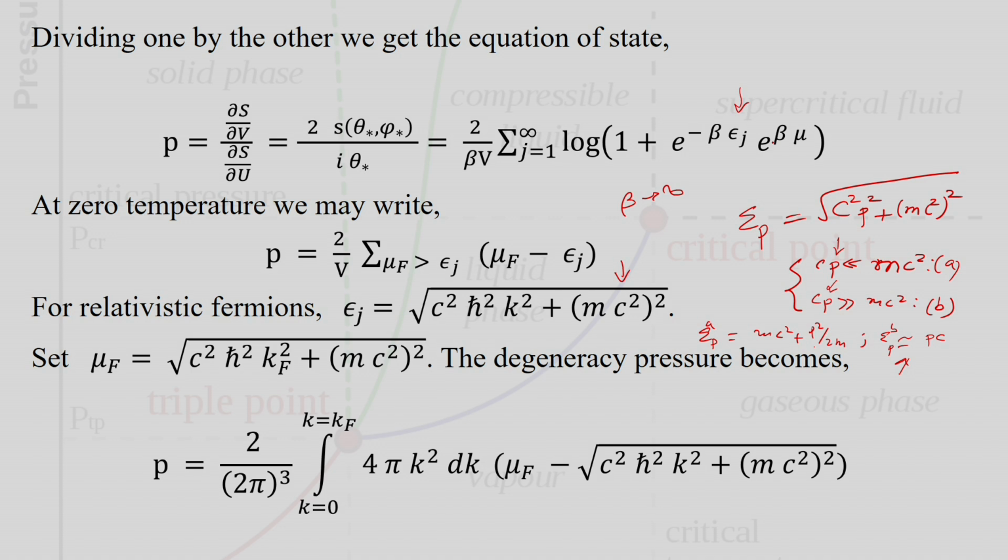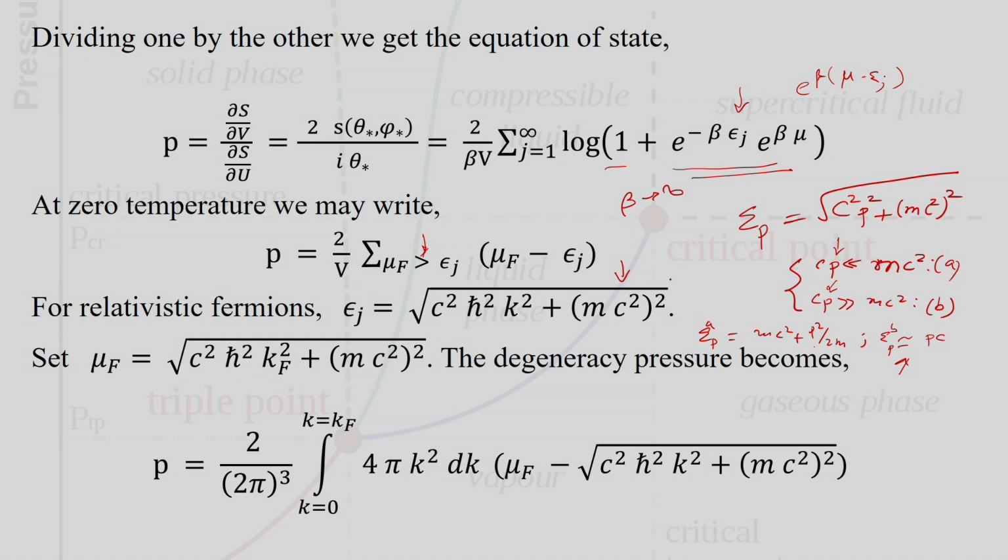So the only time it is going to contribute is when this thing goes to infinity rather than 0. So when does it go to infinity? It goes to infinity when mu minus epsilon j is greater than 0. So in other words, that is this condition. So mu is greater than epsilon j, and then only this 1 can be ignored in comparison with this, and when you take the log, the beta cancels out and you get this expression.